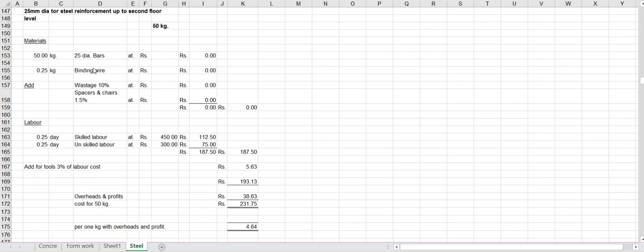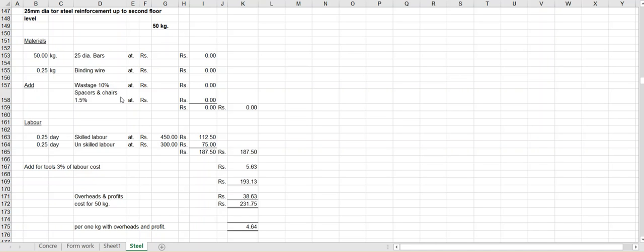So, wastage is only for the bars and binding wires, and spacers and chairs will be added as additional items. The quantity of these spacers and chairs depends upon the situation. As a norm, 1.5% has been considered for this calculation.